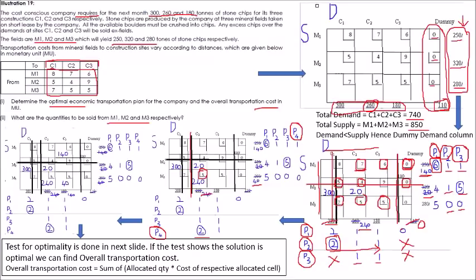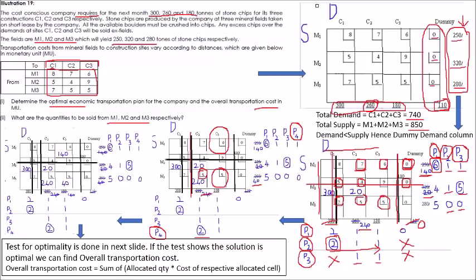Now you have very limited options, which means this column is exhausted. So these two are unallocated cells.